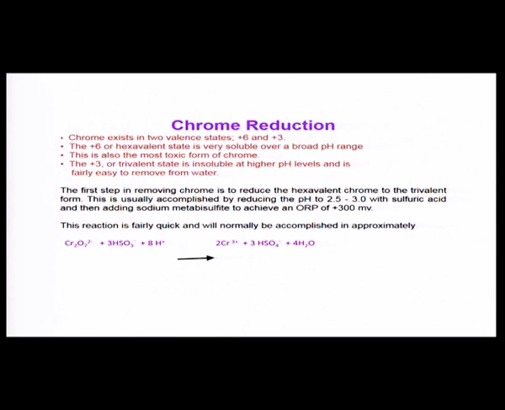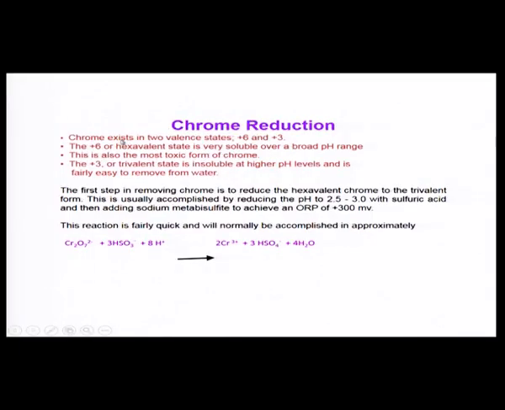So, reducing the chromium is the first step, and then we raise or adjust the pH to near neutral, 6 to 8, so chromium hydroxide is formed as an insoluble precipitate that is removed.